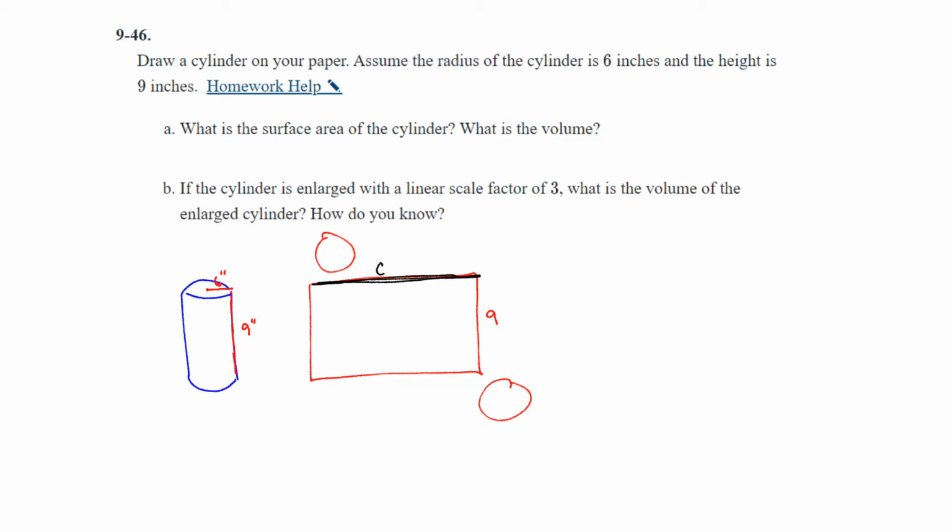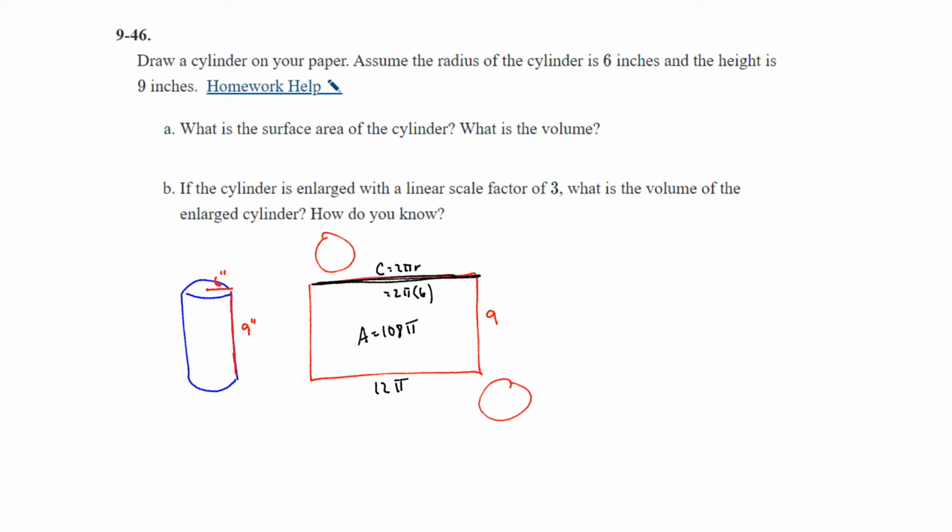So the circumference is 2 pi r, and so that is 2 pi times the radius, which is 6. So we know this dimension is 12 pi. So 9 times 12 will be 108. So the area is 108 pi. I'm just going to leave it like that until I calculate everything.